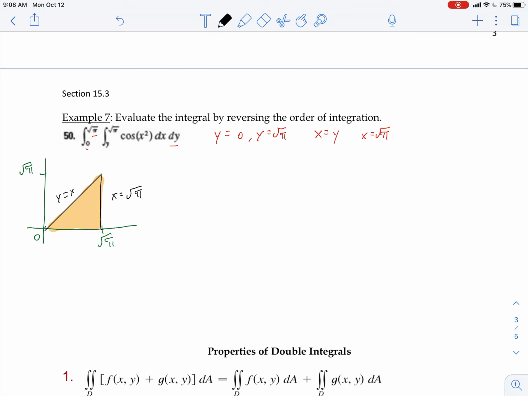All right, and now let's go ahead and change up the order. And so now what I can say is, oh, hey, instead of going y's left to right, I'm going to go top to bottom when we're talking about x's, and that's also going to be 0 to square root of pi.